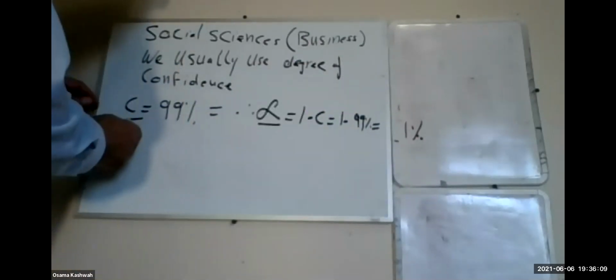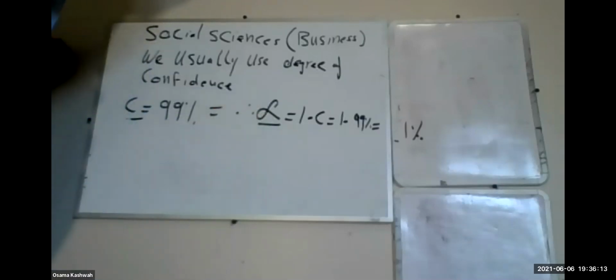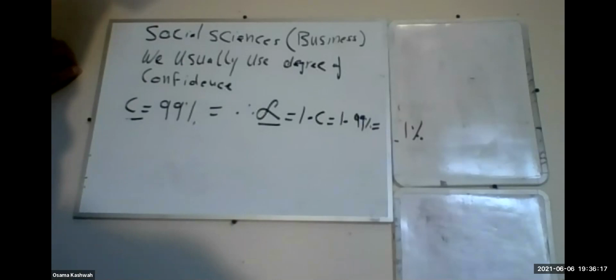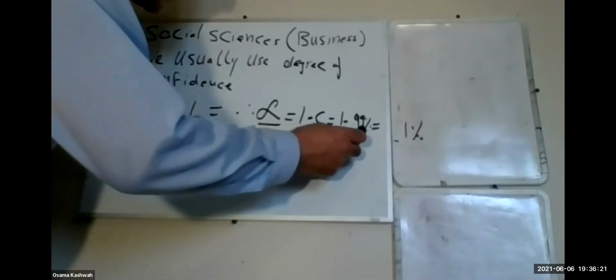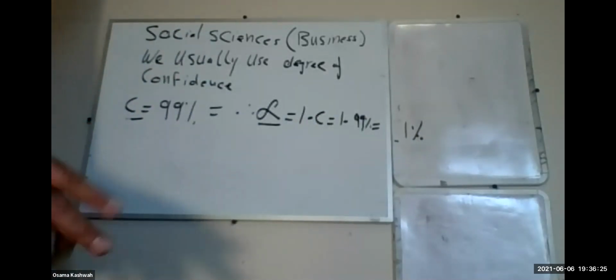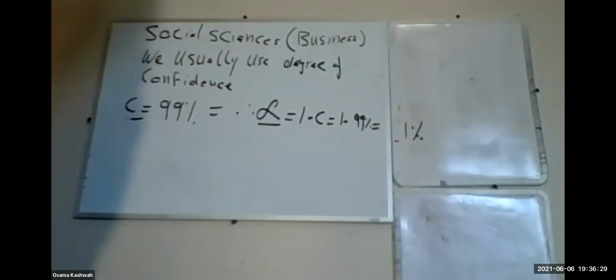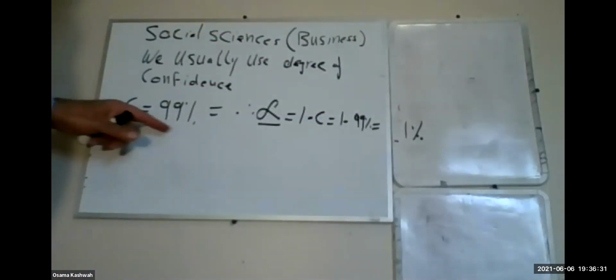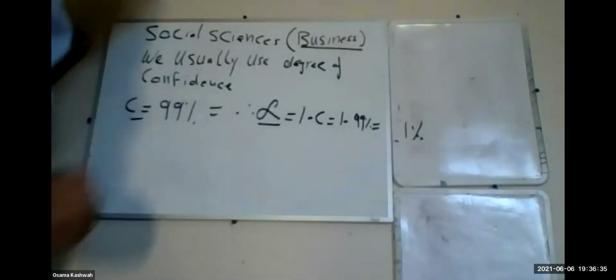Then the C, or the confidence, is the percentage, and alpha is 1 minus C, because you know all the probabilities equal 100%. So it will be 1 minus 99%, that will be 1%. We have said in social sciences we have 2 degrees of confidence. The first degree of confidence is 99%, used in all social sciences, particularly business.